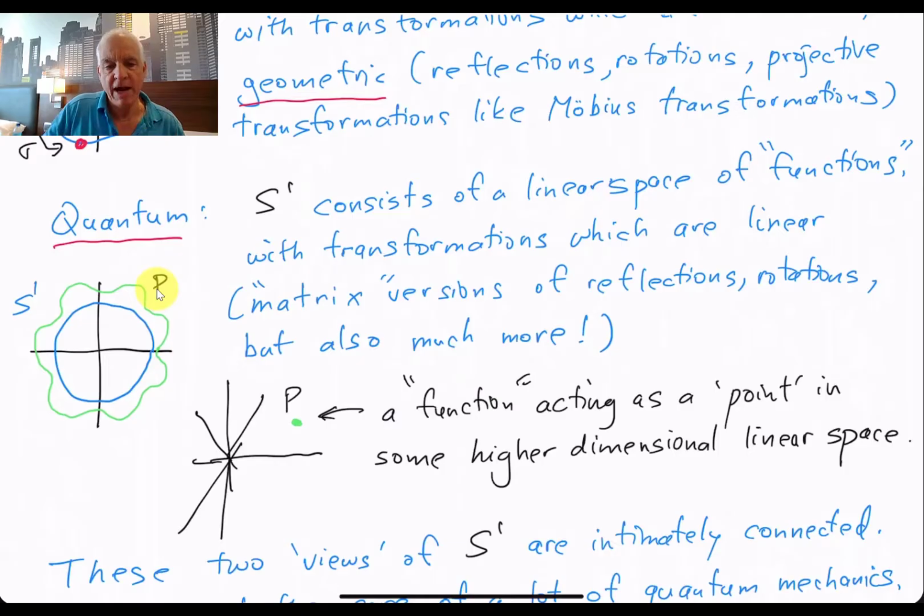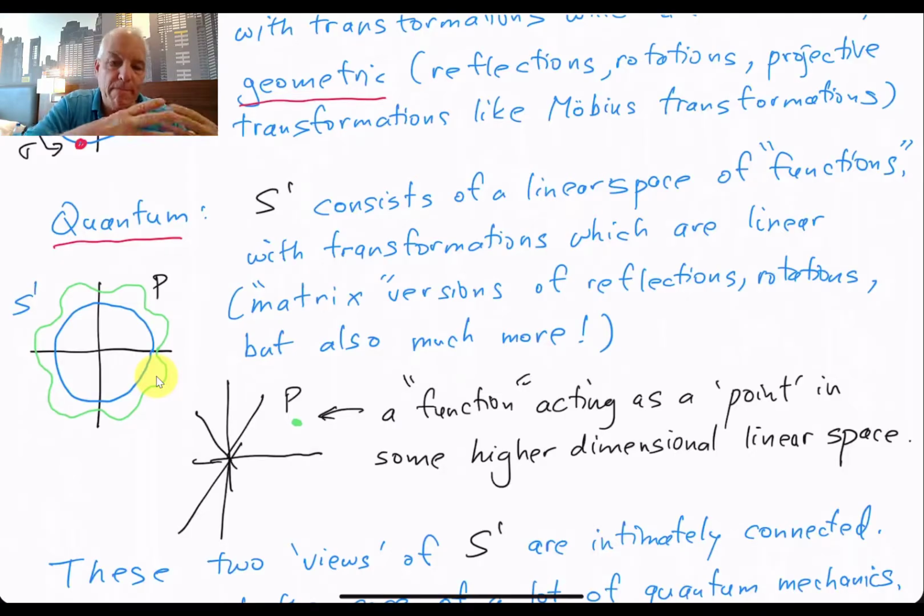So the picture that we might have is that a function, this thing here in green, sort of roughly suggesting a function which has variable values at different points on the circle. Okay, we're thinking about that function as itself a single point in some higher dimensional linear space of functions. So that's an essential aspect of going from classical to quantum.